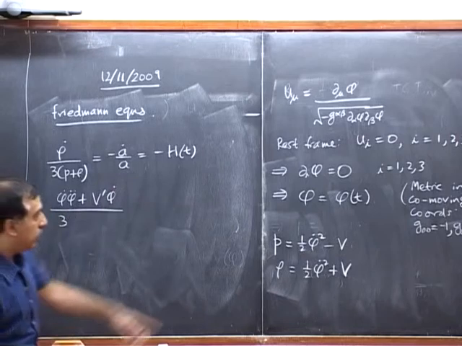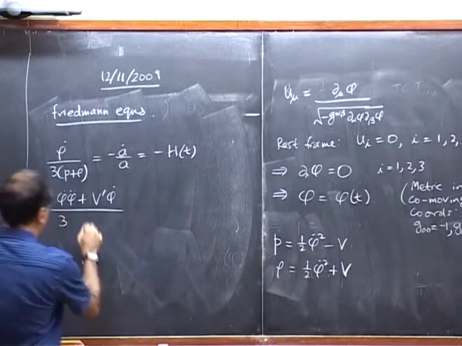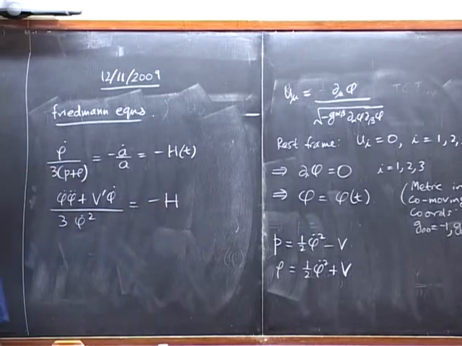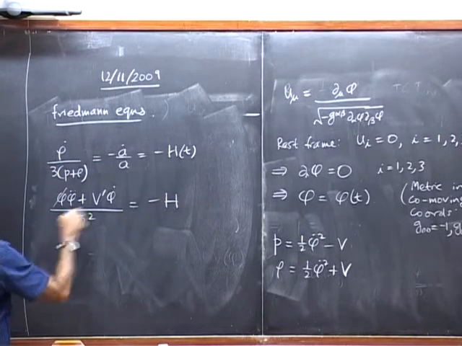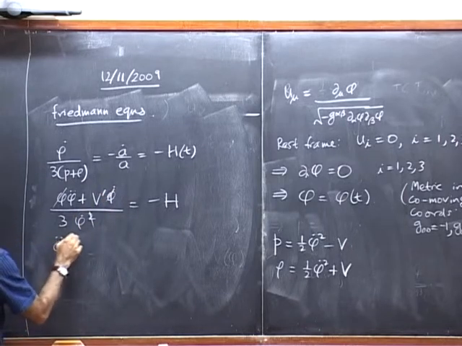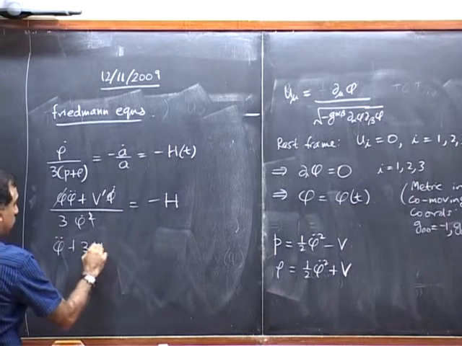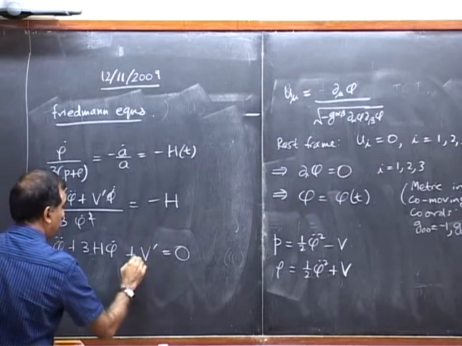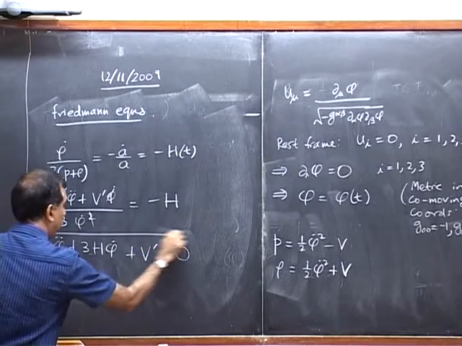Downstairs, P plus rho is just phi dot squared. Now I can cancel phi dot from here, here and here, and we get phi double dot plus 3H phi dot plus V prime equals 0.